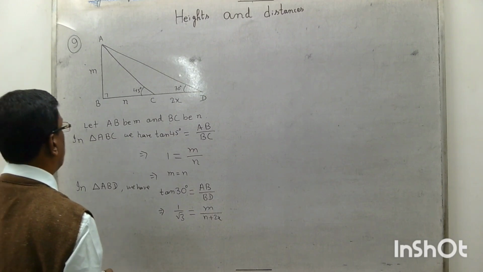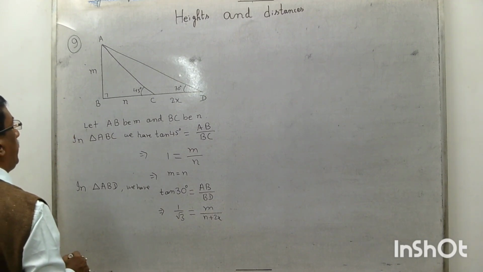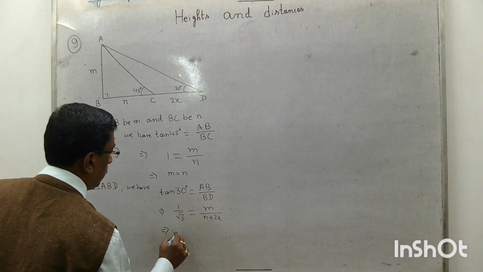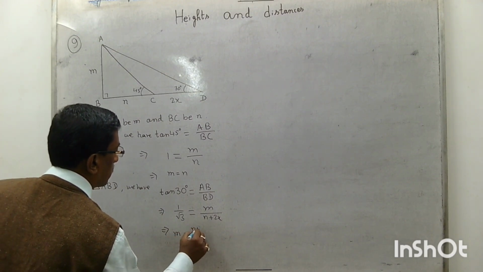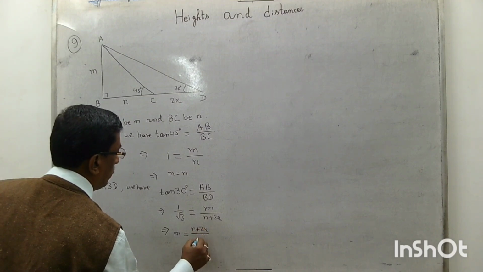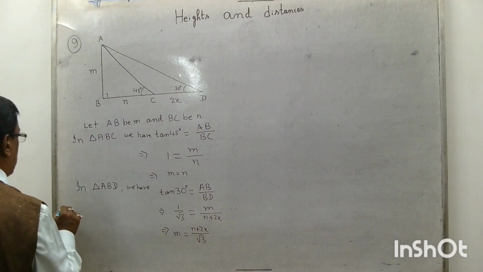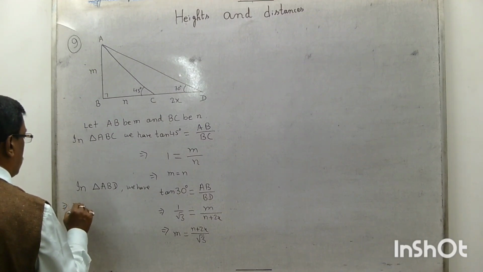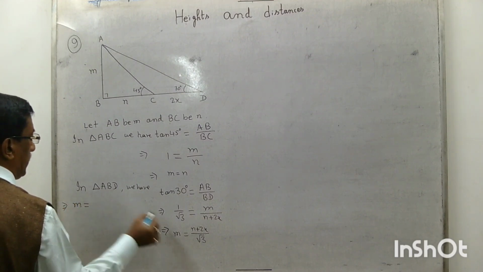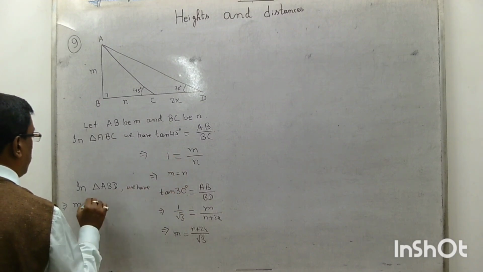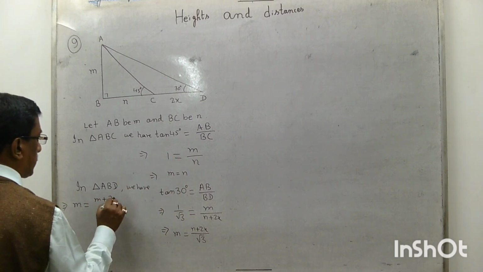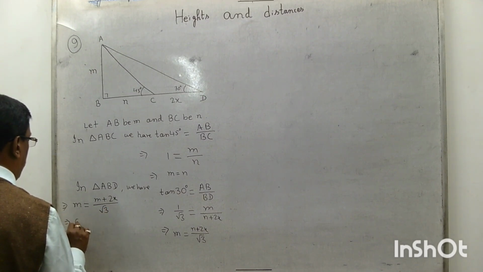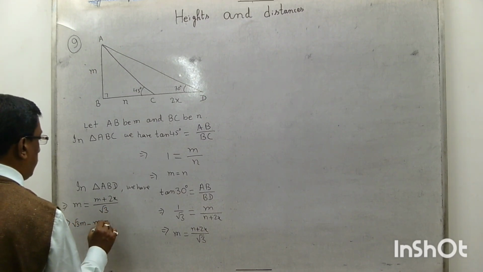So we have to find M. Now M equals to N plus 2x by root 3. In place of N we can write M plus 2x by root 3. That means root 3M minus M equal to 2x.